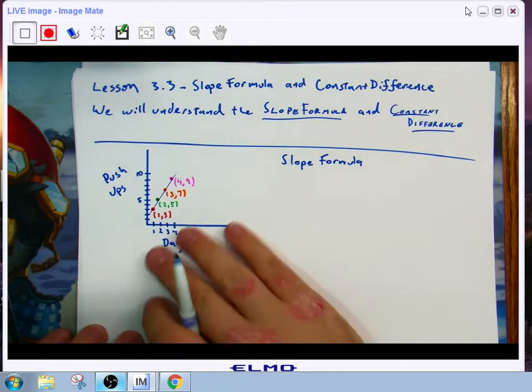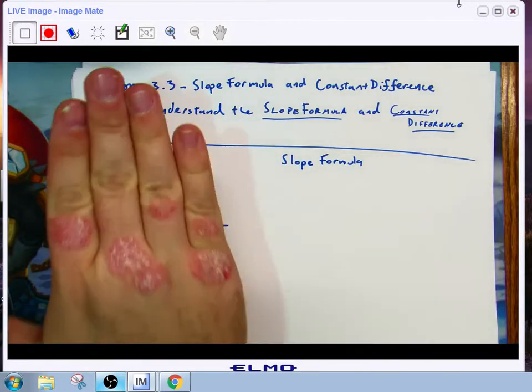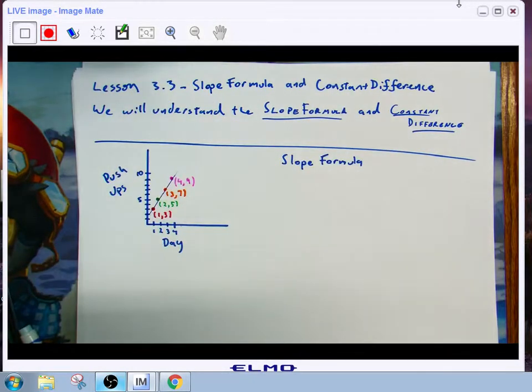But let's imagine I didn't have the luxury of this graph, and I just had the points.